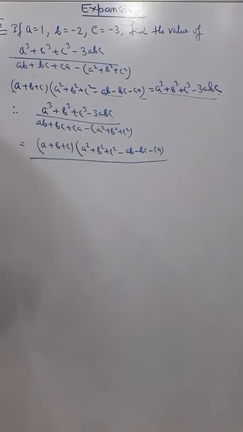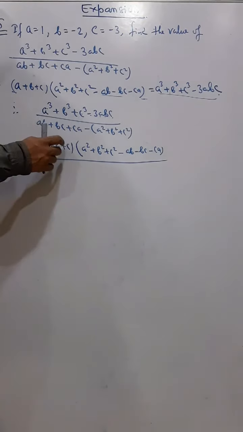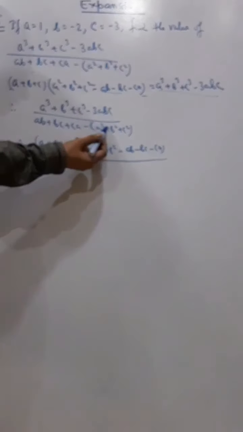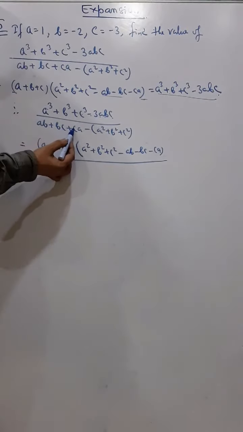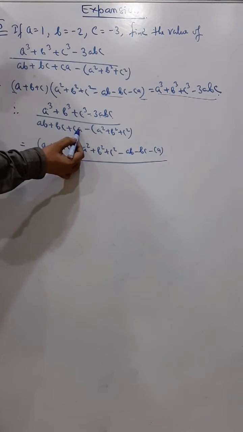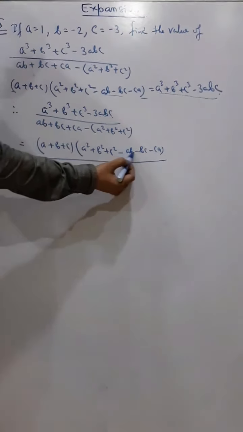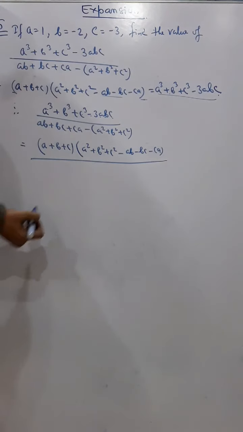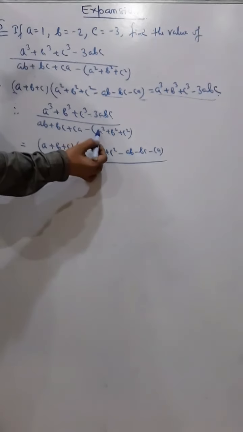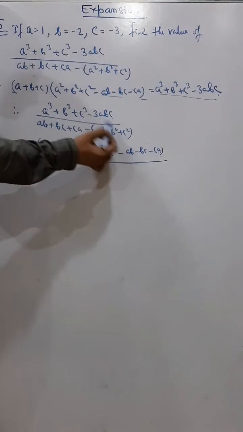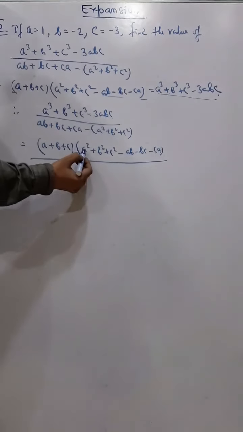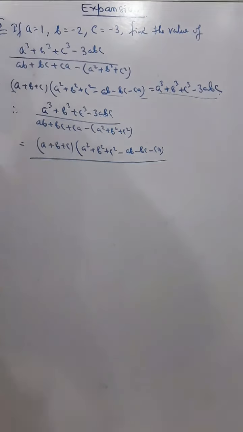Okay, and in the denominator if you see, this part and the denominator are similar, but they are opposite in sign. Just try to understand, they are opposite in sign. You see ab, bc, ca are all positive here, but here you can see ab, bc, ca are negative, and here it is minus a square minus b square minus c square in bracket, but here it is plus a square plus b square plus c square. So they are just opposite, but otherwise the same.